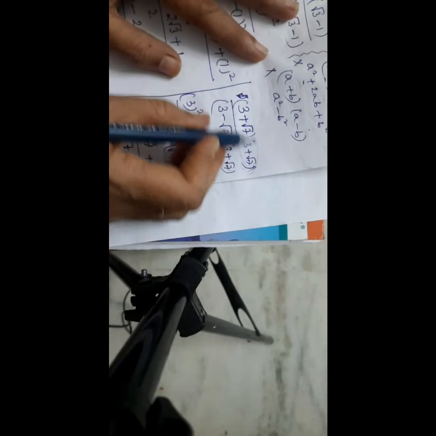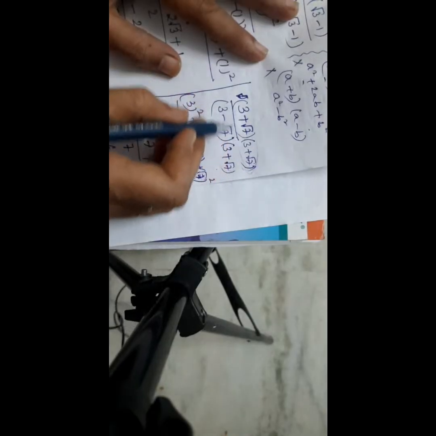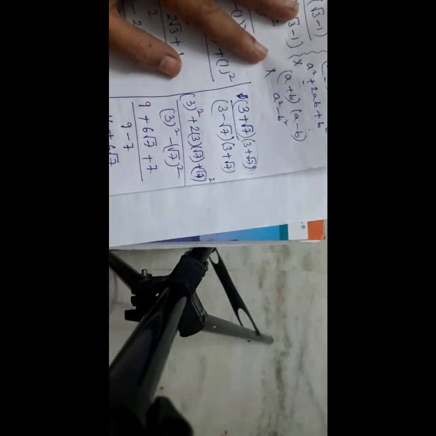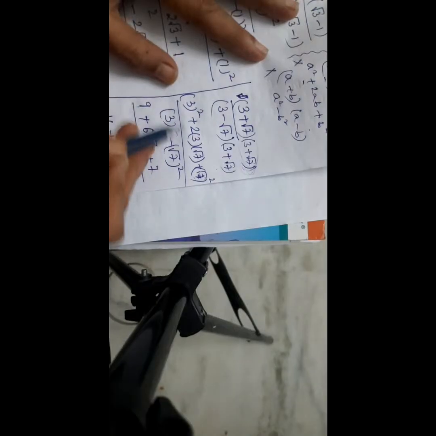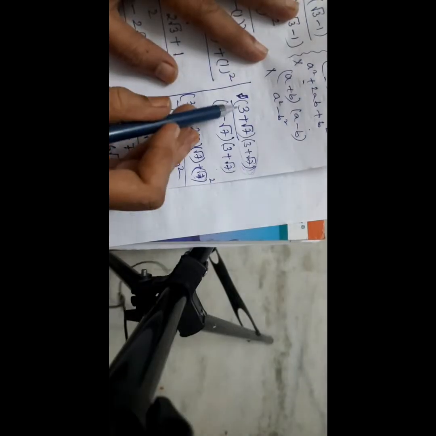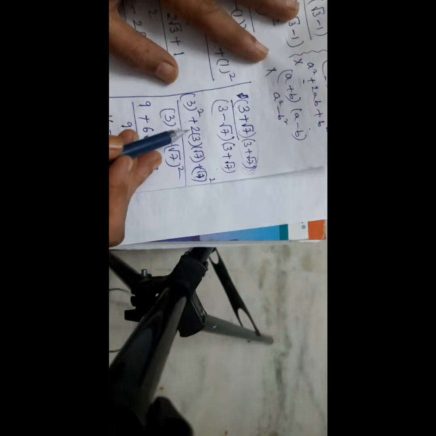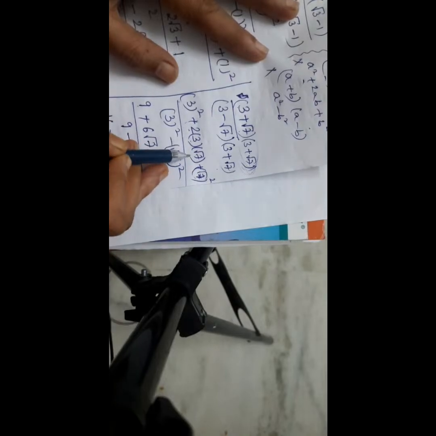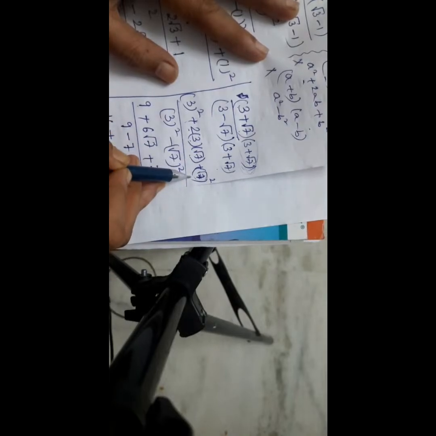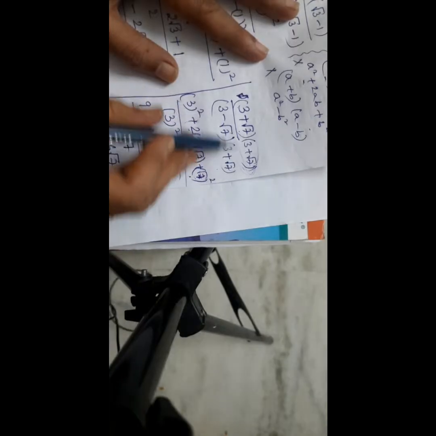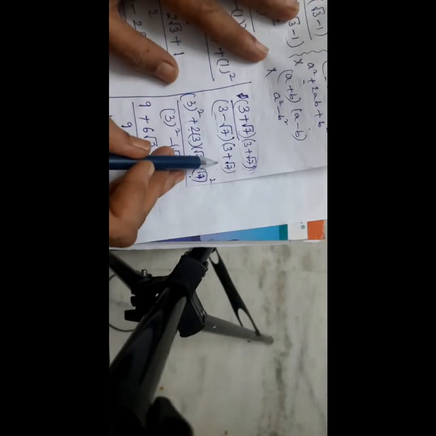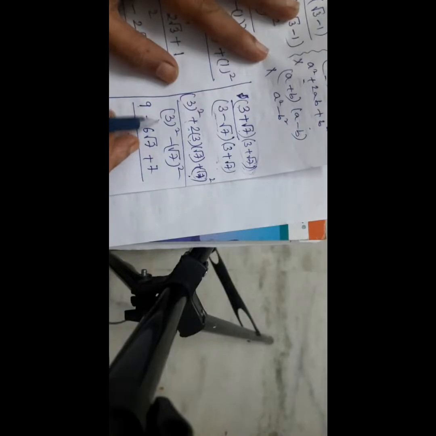When the terms are the same, it is the (a plus b) whole square identity. So I wrote the identity a square plus 2ab plus b square, and in the denominator it is (a minus b)(a plus b), which we make a square minus b square.